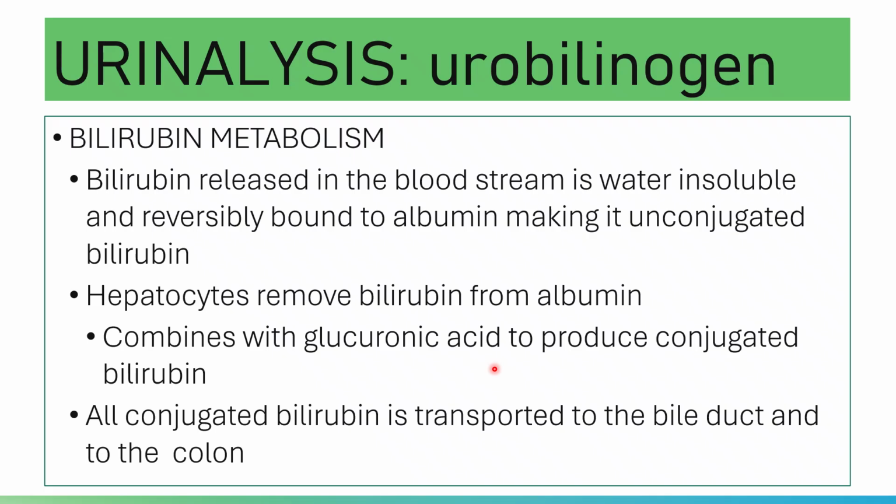From the liver, from the bile, it will reach the duodenum and will complex with cholesterol, bile salts, and phospholipids within the bile. Please note again, all conjugated bilirubin is transported to the bile duct and then to the small intestines, going to the colon.